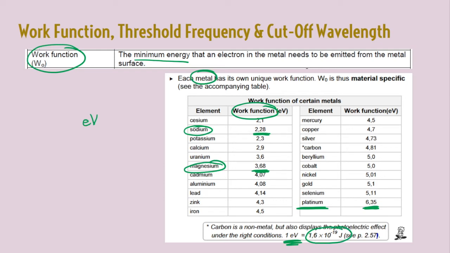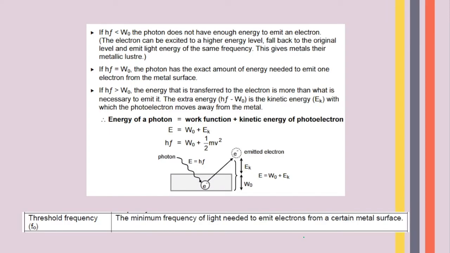You might remember this number, because it corresponds with the charge on an electron. So if you are looking for this number, just look up the charge on an electron. You basically just take any number given in eV and multiply it by that to get your answer in joules.